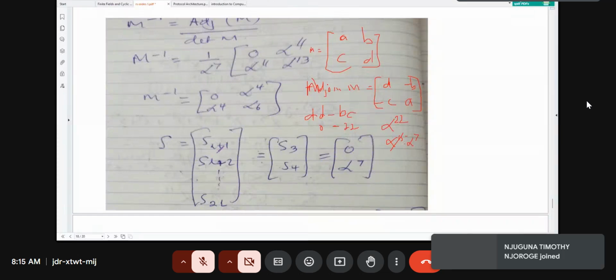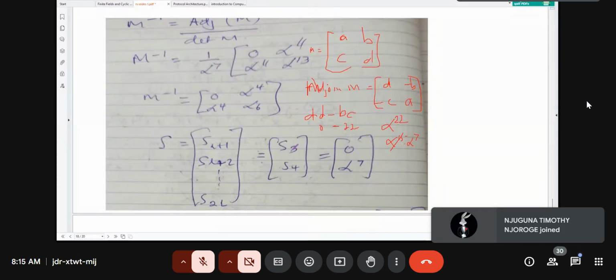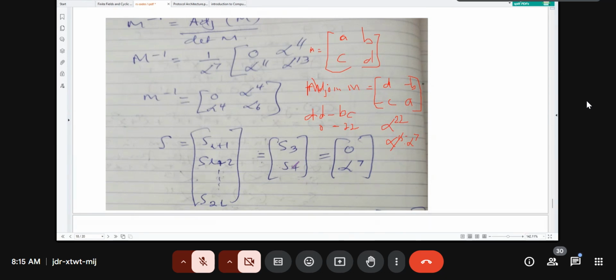You simply have S2 plus 1 is S3, and S(i+2) is S4. We can't go further, we have only 2. So that will be equal to, we know S4 is alpha to the 7, and S3 is 0.